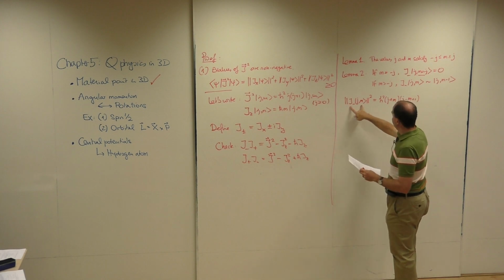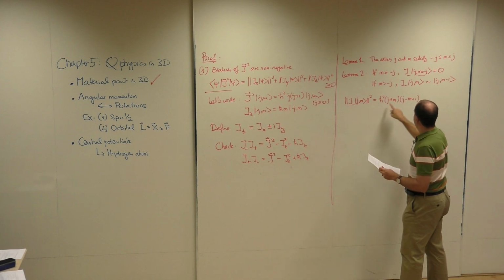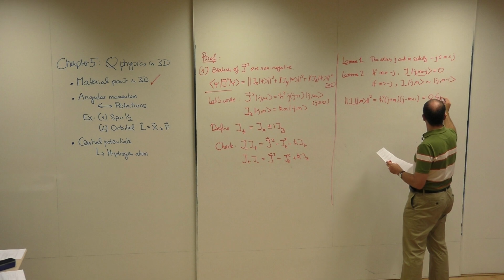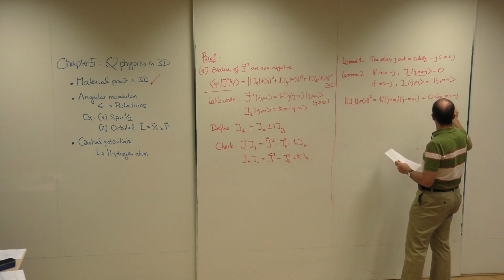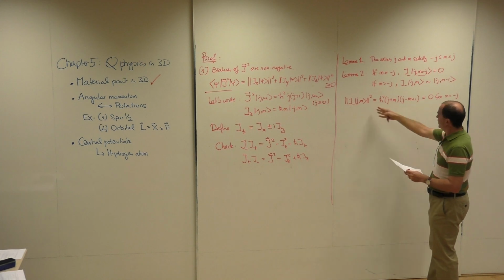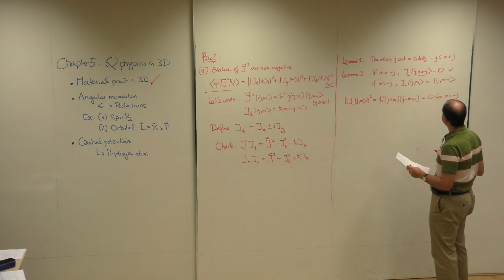And now this can only be 0. So if m is equal to minus j, this is 0. And the only possibility for the norm of a vector to be 0 is that the vector itself is 0. So this one we proved.